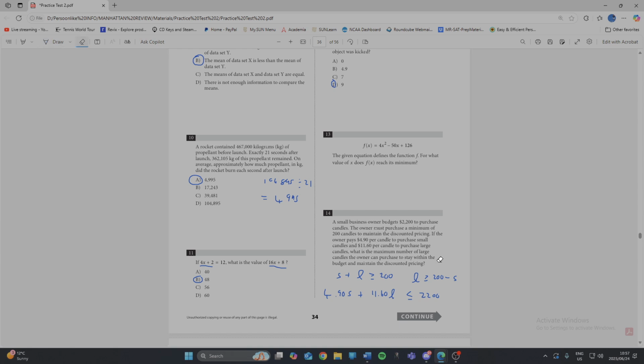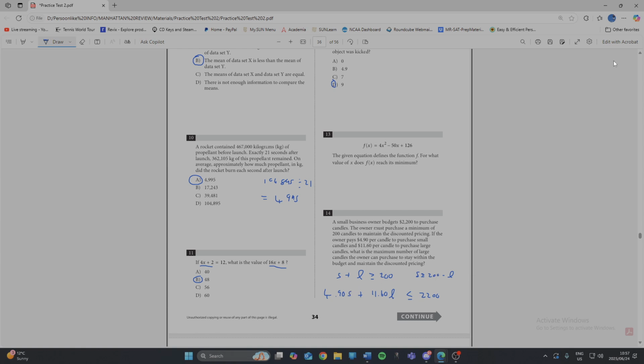The one to get there as quickly as possible is to say that S is larger or equal to 200 minus L. Now we can substitute this into the S and work out the equation accordingly.